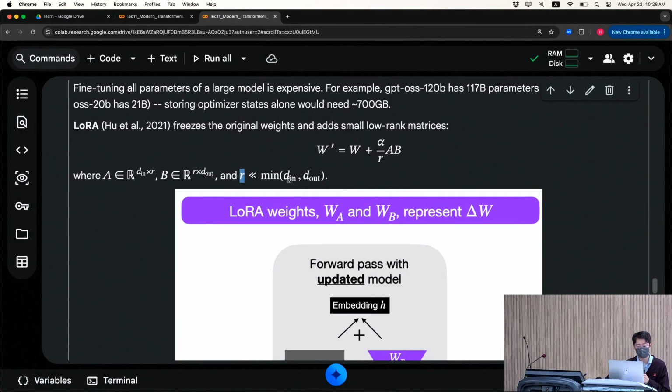It's much smaller compared to the smaller of the two. So if we backprop through A and backprop through B, then the actual number of parameters that we're going to change is very small. It's maintainable. It fits in a single GPU. Why? Because individually these matrices are very, very small.